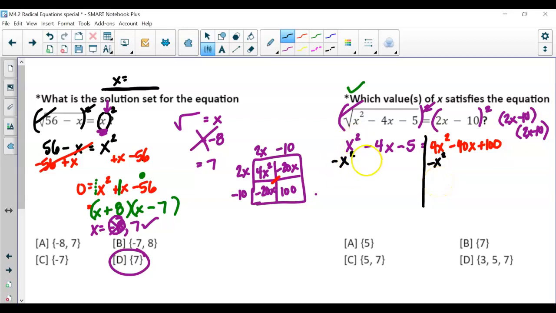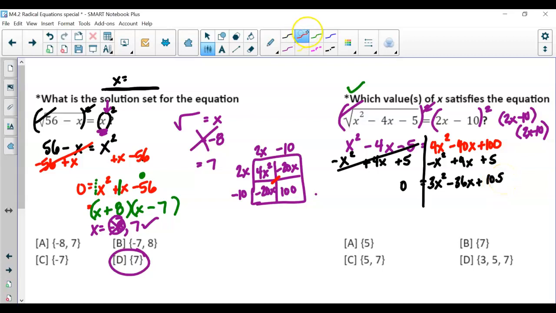We're going to subtract x squared, add 4x, and add 5 here. So now you've got 0 equal to 3x squared minus 36x plus, sorry, not 95, that's if I were subtracting, 105. So 100 plus 5, 105.